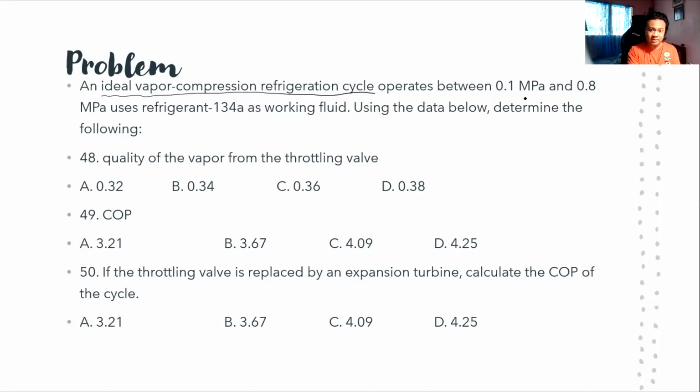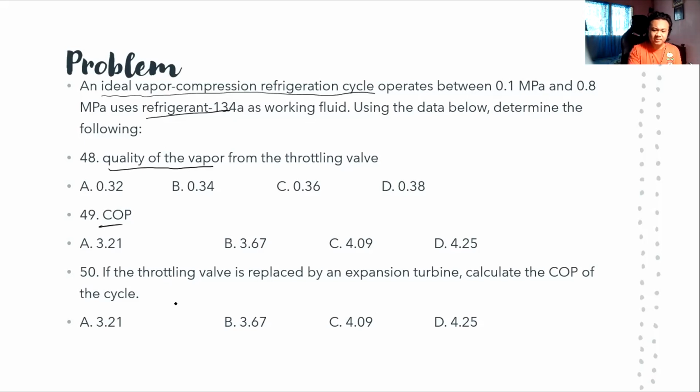We have a refrigerant R134A, and it operates between 0.1 MPa and 0.8 MPa. Using the data below, we have to determine the quality of the vapor from the throttling valve, then the coefficient of performance, or COP, and if the throttling valve is replaced by an expansion turbine, we are to calculate the new COP.